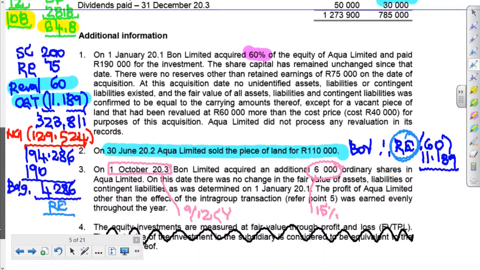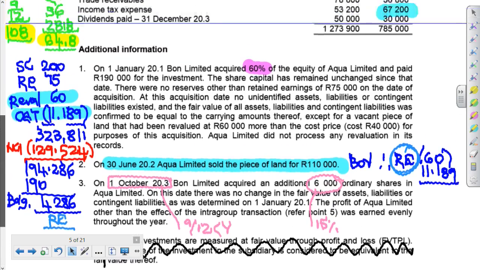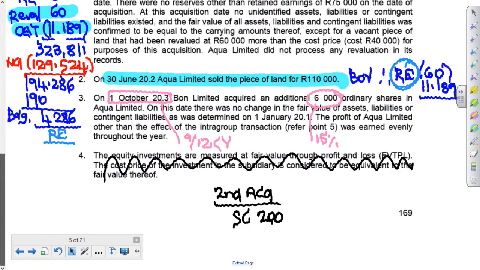All right, let's do it at the bottom here, since there's no space anywhere else. Second acquisition. Share capital was still 200, is that right? 200. Retained earnings at beginning, 150. I'm going to take it off the trial balance. And then profit of 108.